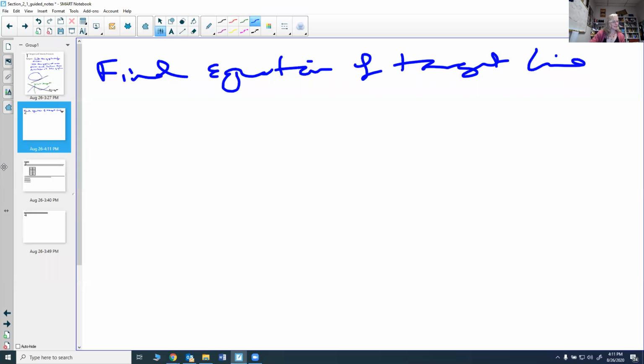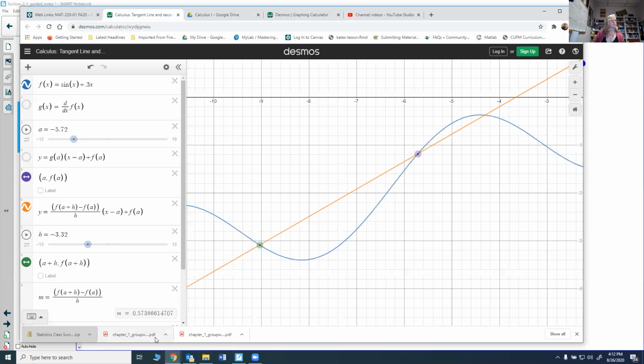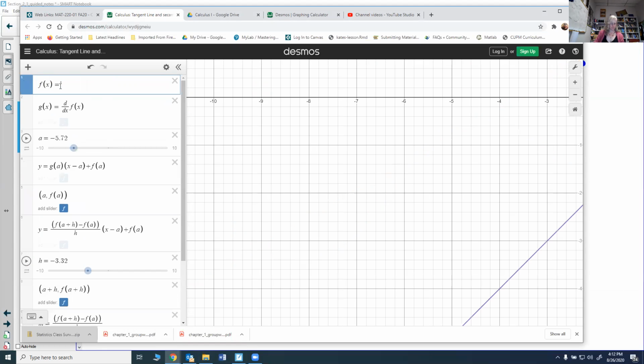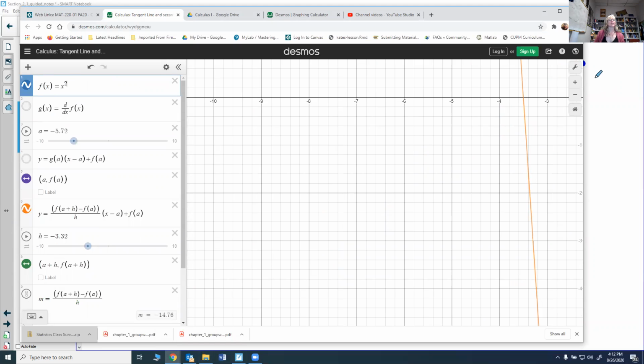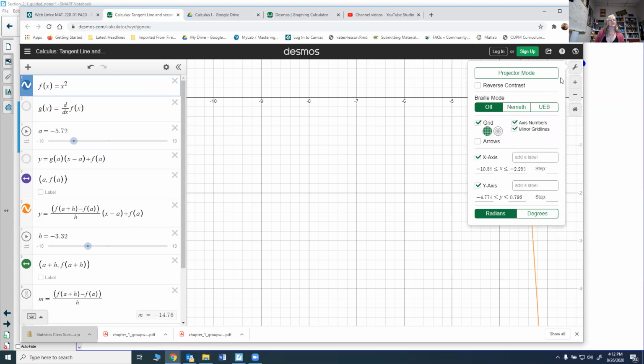To the graph, and I'm going to change the graph that's on that Desmos. I'm going to change my graph to y equals x squared, just because I think the numbers will be easier for us to work with. All right, so I'm going to go back to my Desmos and change my function to y equals x squared. I need to change my graph a little bit because you can't see the whole graph here.